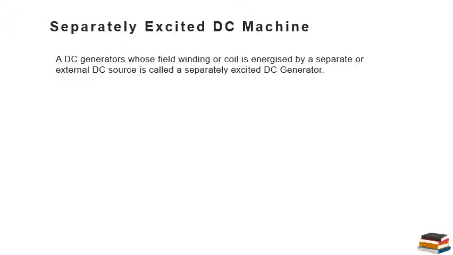A DC generator whose field winding or coil is energized by a separate or external DC source is called a separately excited DC generator. Similarly, in the case of the motor, if a machine is excited by a separate source, it is called a separately excited DC machine.